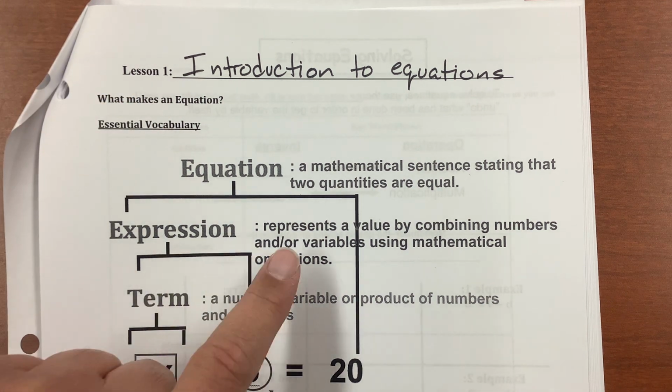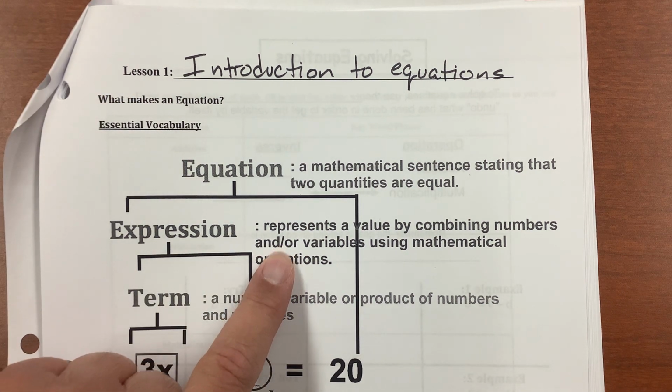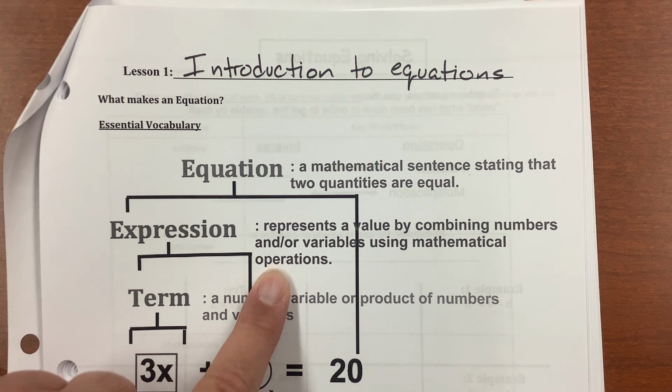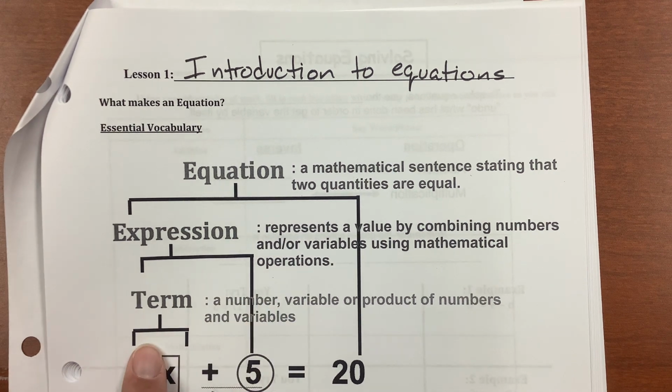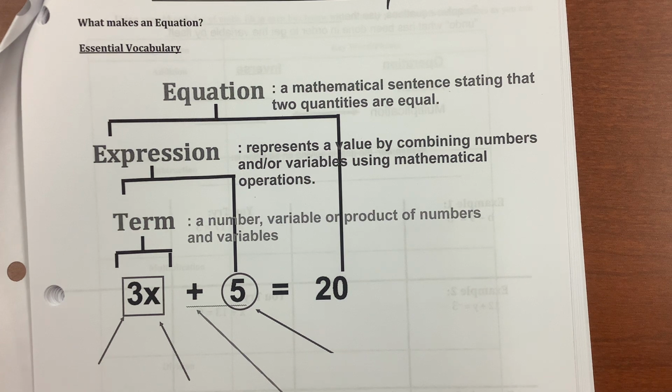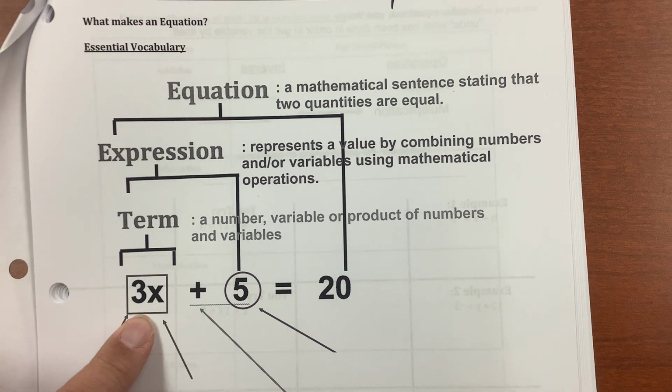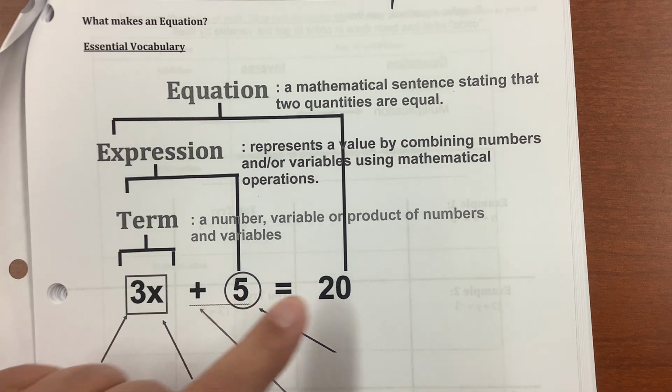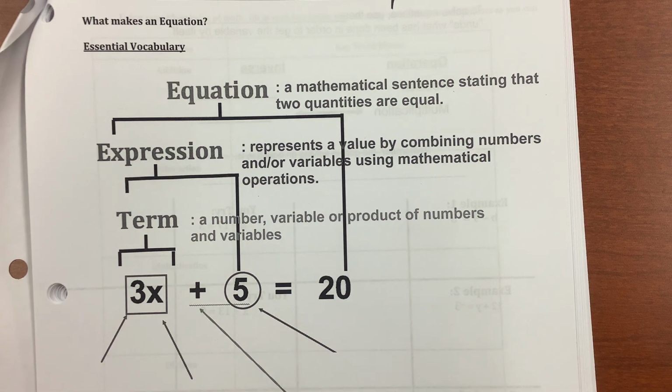An expression represents a value by combining numbers and or variables using mathematical operations. Multiplication, division, those are what makes something a term. Remember we talked about terms? Terms can have multiplication or division, but they can't have addition or subtraction. So this is a term. 5 is a term. 20 is a term.